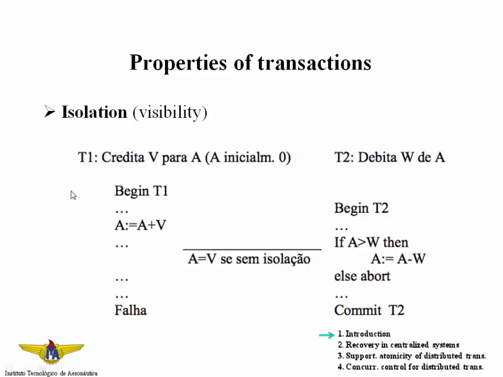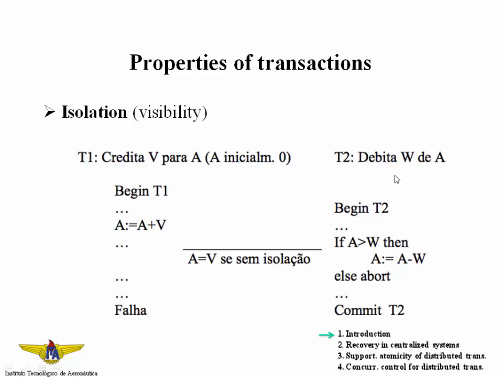Let's suppose that you have transaction 1 that makes a credit of value V to account A. Initially, the value is 0. So in this account, you have this computation. You have the read, of course, of the value of A, and you add the value V. Then, if you don't do isolation, the A record can be read by other transactions.